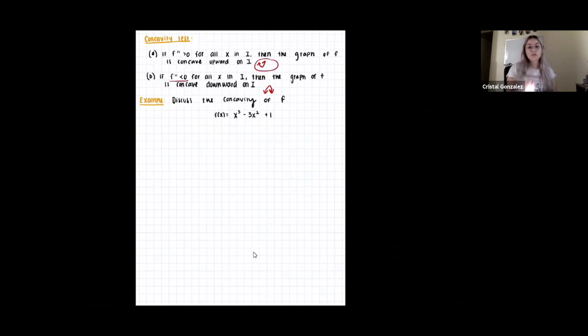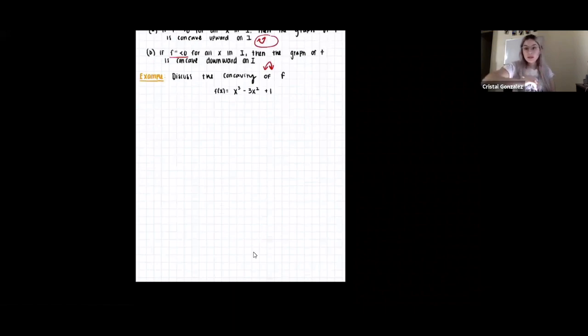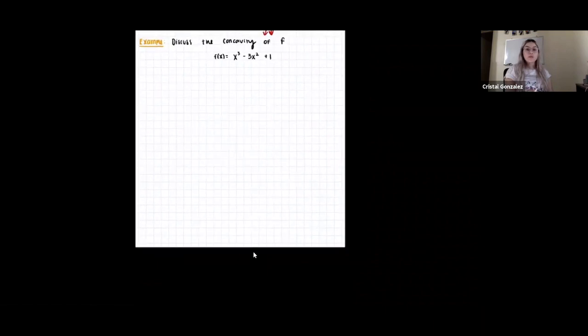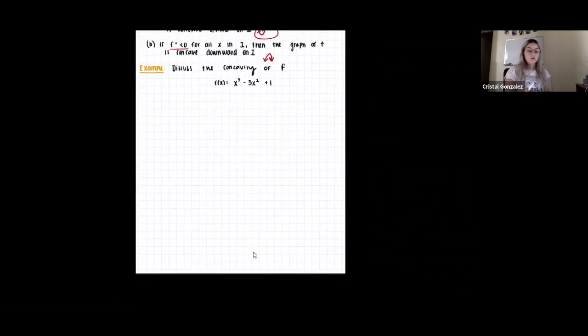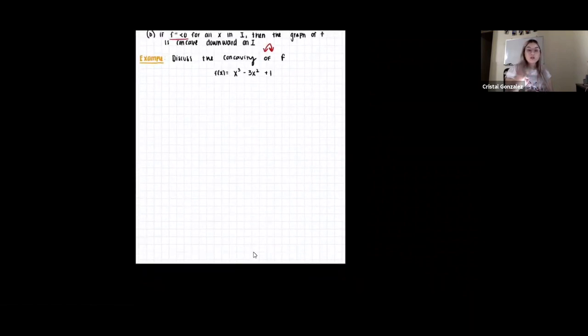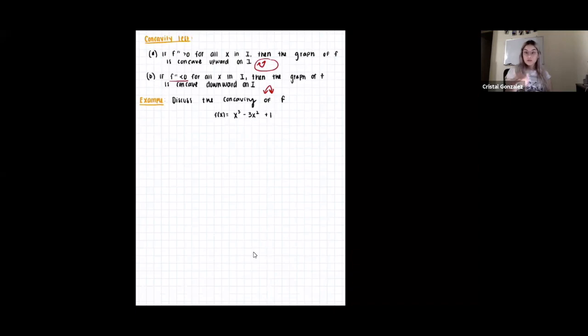Let's say we were given this function and we wanted to just talk about the concavity. More than likely, I'll ask you the question of concavity along with the question of minimums and maximums, but just for this example, I want to show you how to find the concavity. In order to find the concavity, we want to test it on the second derivative. That means we have to take the first derivative and then the second derivative.